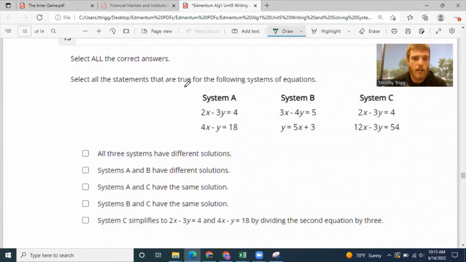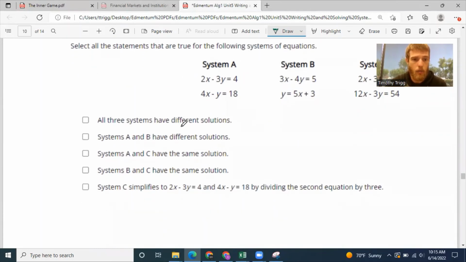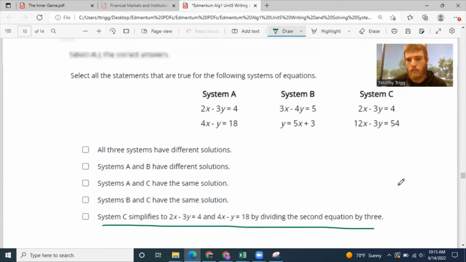Select all the statements that are true for the following systems of equations. All three systems have different solutions. Okay, let's take a look at this last answer choice. System C simplifies to 2x minus 3y equals 4, and 4x minus y equals 18 by dividing the second equation by 3.